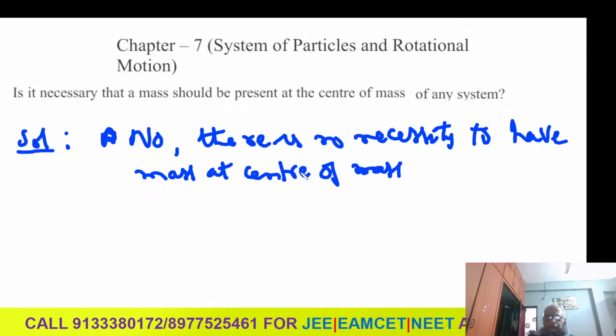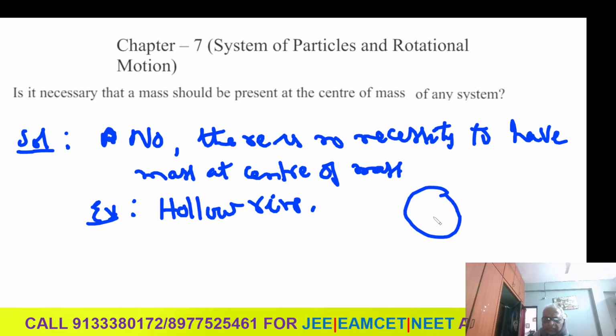What is the example? A hollow ring. Ring, you know how it will be. This is a ring. The center of mass will be outside, not on the surface of the ring. It will be at the center. This is the center of mass.